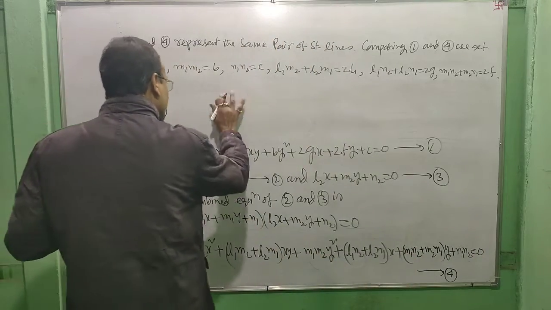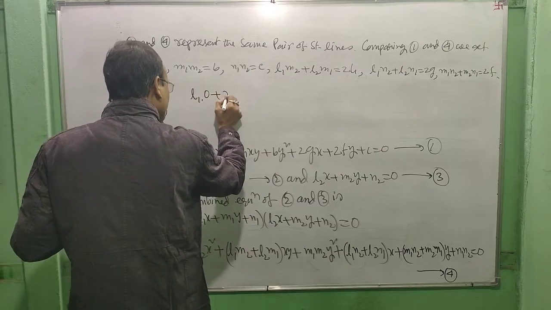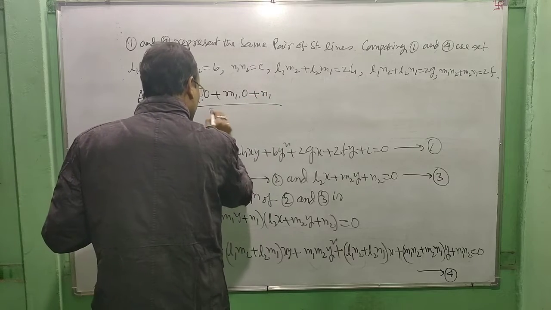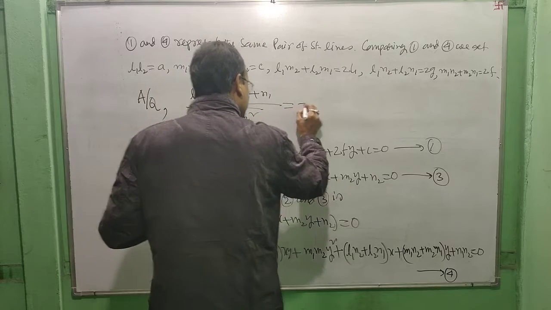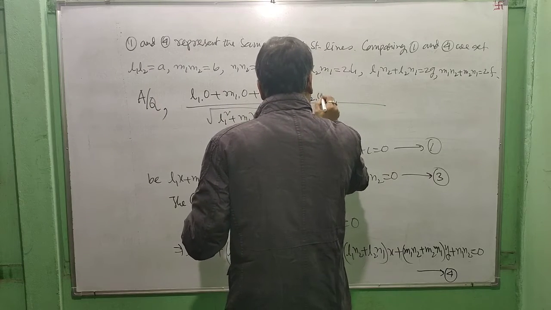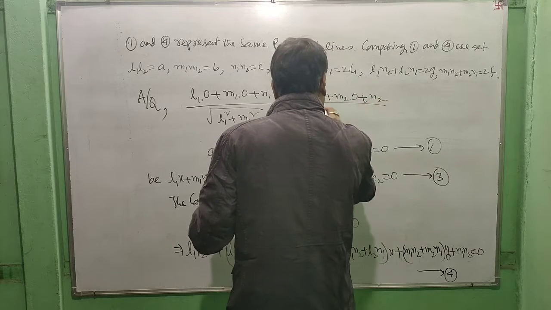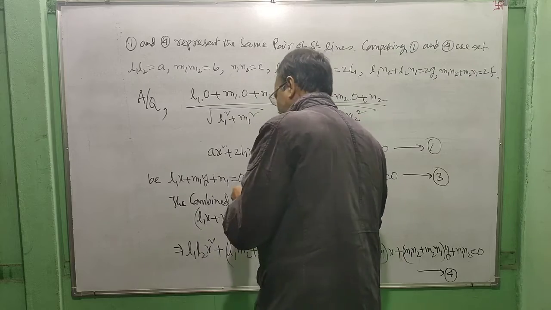Equidistant from the origin means L1 into 0 plus M1 into 0 plus N1 divided by root over L1 square plus M1 square is equal to L2 into 0 plus M2 into 0 plus N2 divided by root over L2 square plus M2 square.